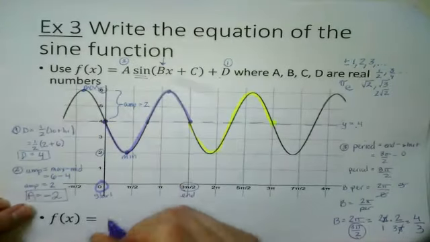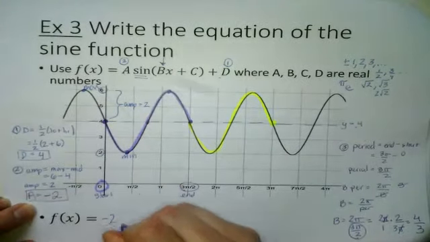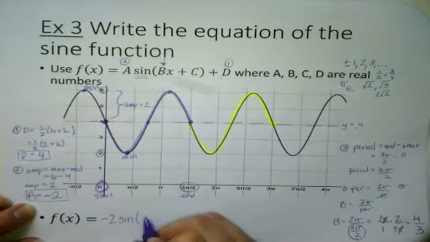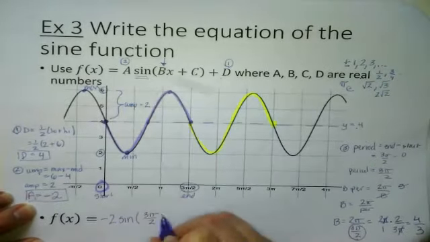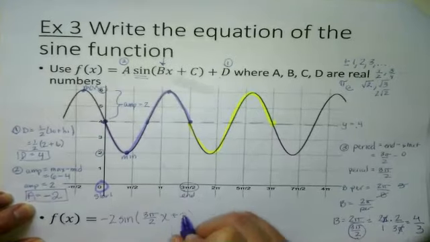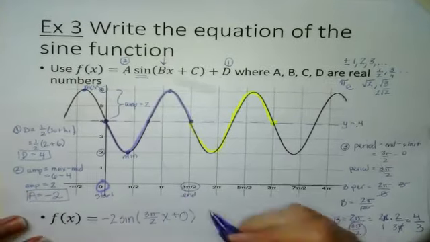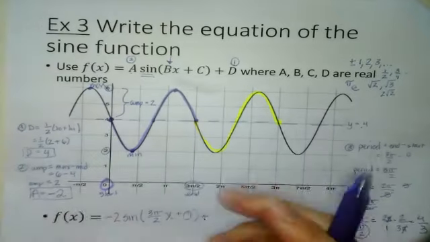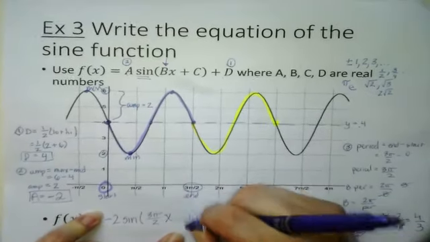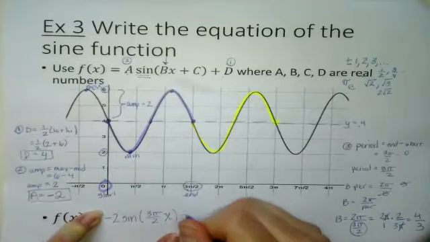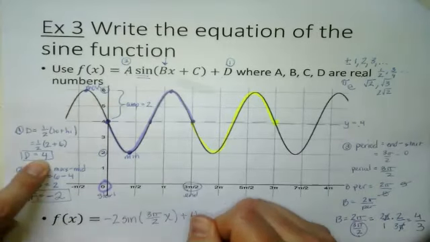So my a value is -2 times the sine of bx. So b is 3 pi over 2 times x. In this case, our c value is 0, which is really, really handy. And I'm not even going to bother writing that. You don't have to include it, I don't think, on IXL. And then our d value is 4.